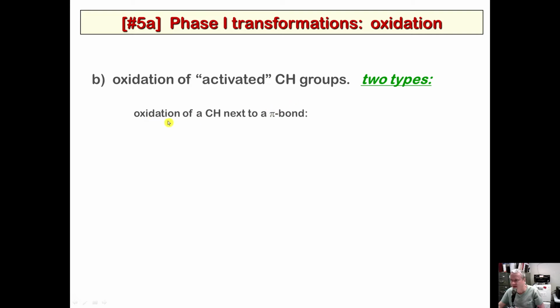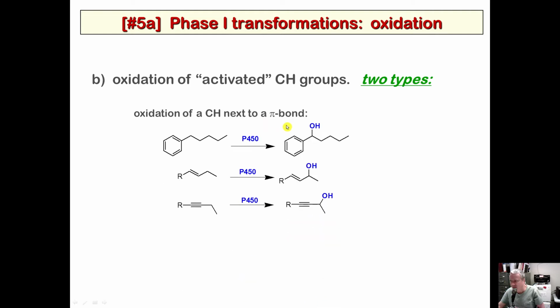So there's two types: oxidation next to a pi bond. This totally makes sense, because it's pretty easy to oxidize next to a pi bond. Example: was it pentyl benzene? So a molecule with a chain off of a benzene. It's pretty easy for P450 to just turn this position into an OH.